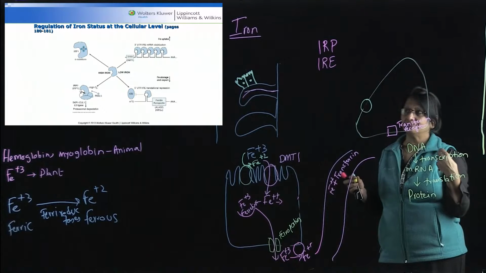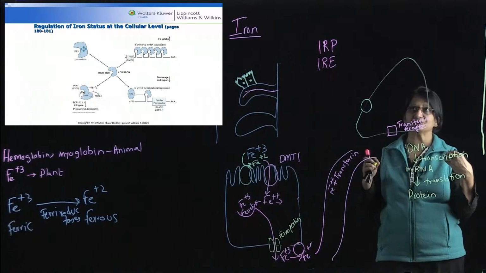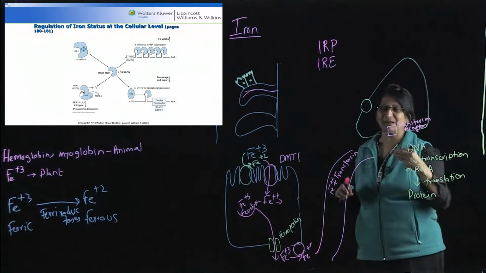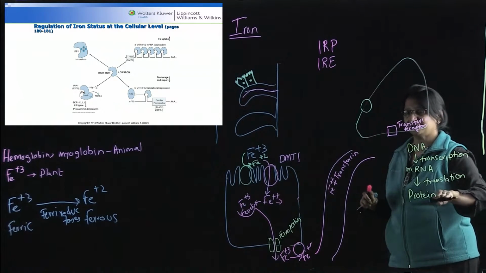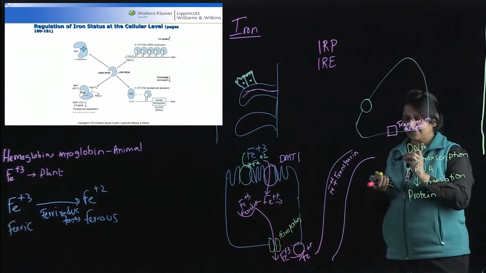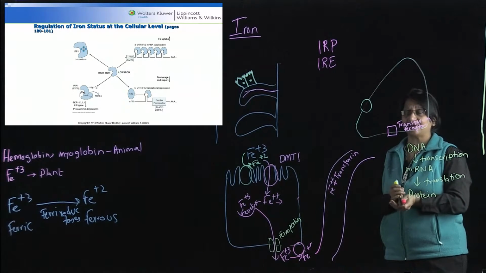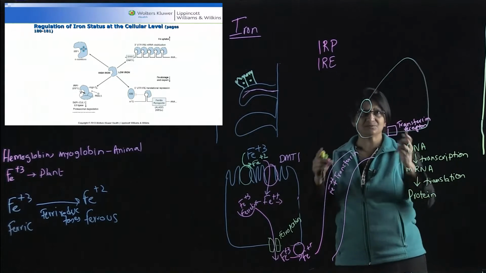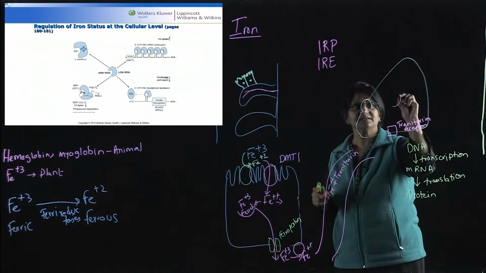So whether iron is going to be absorbed and taken up into cells, or iron absorption is going to be reduced, depends on the expression of that protein, which has to go through this entire process. Every cell has these iron regulatory proteins, and within a cell they exist by themselves in general.